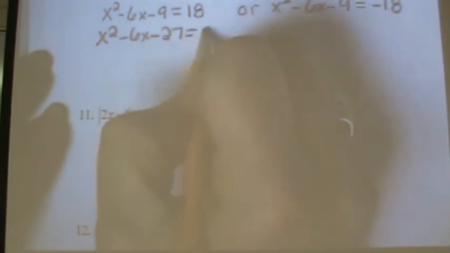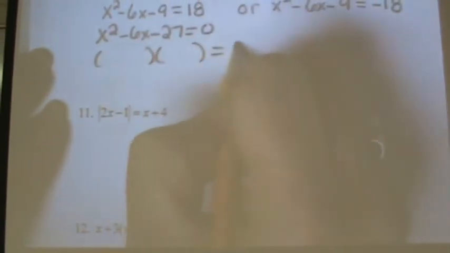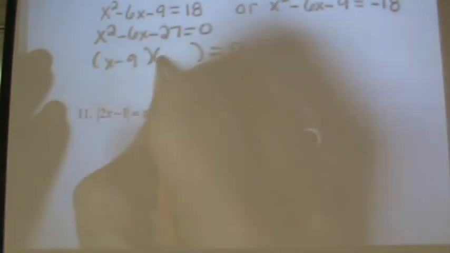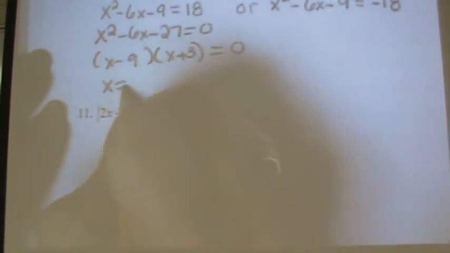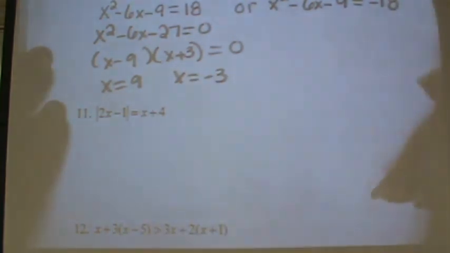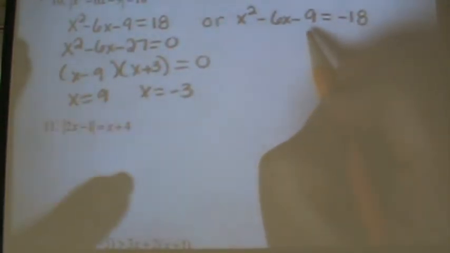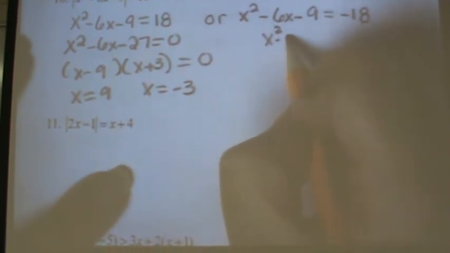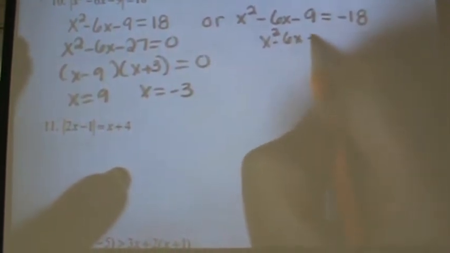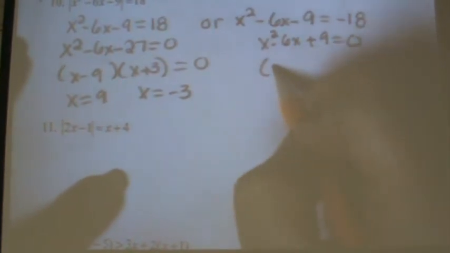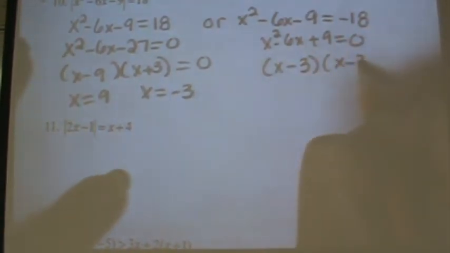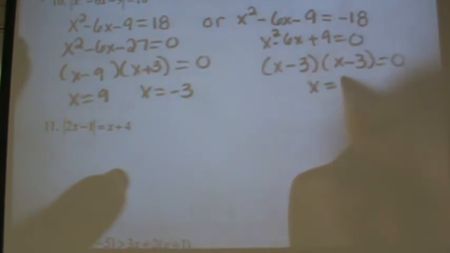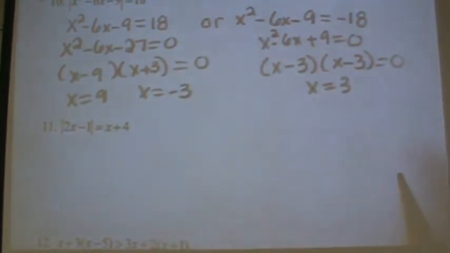So you're going to subtract 18 here, and you get x squared minus 6x minus 27 equals 0. You're going to factor this: x minus 9, x plus 3, so x is 9, negative 3, and then add 18 here, and x is 3. So those are your 3 answers.